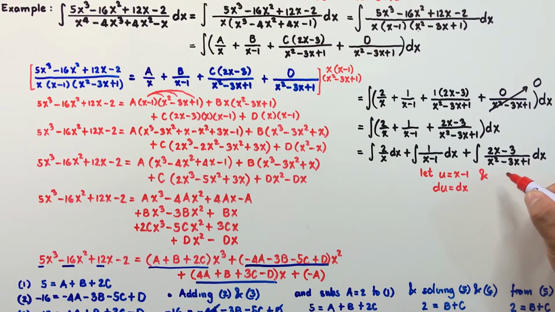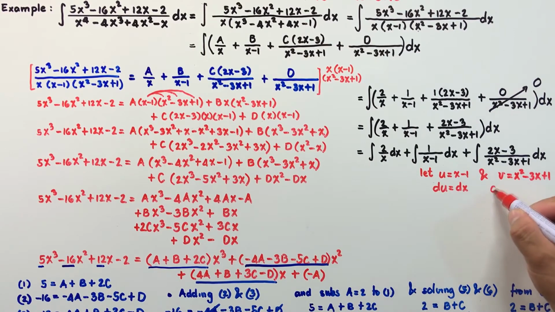And of course, when you let v be equal to this denominator here, which is x squared minus 3x plus 1, we observe that our dv is 2x minus 3 dx here, because the derivative of x squared is 2x and the derivative of negative 3x is negative 3.